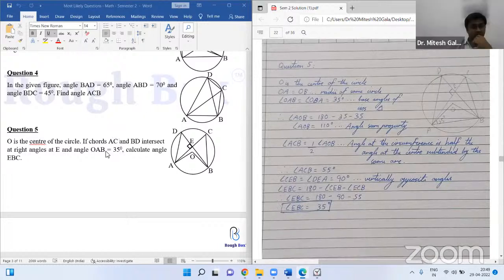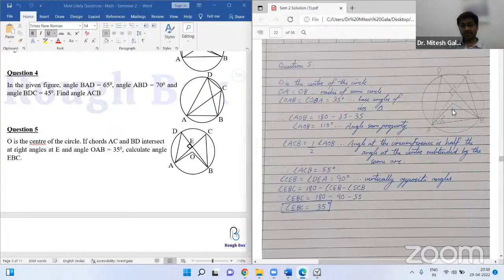So it's given that OAB here at the bottom is equal to 35. The target is to find EBC, this angle right over here. So you can take the isosceles triangle and get AOB first, which will be 110.